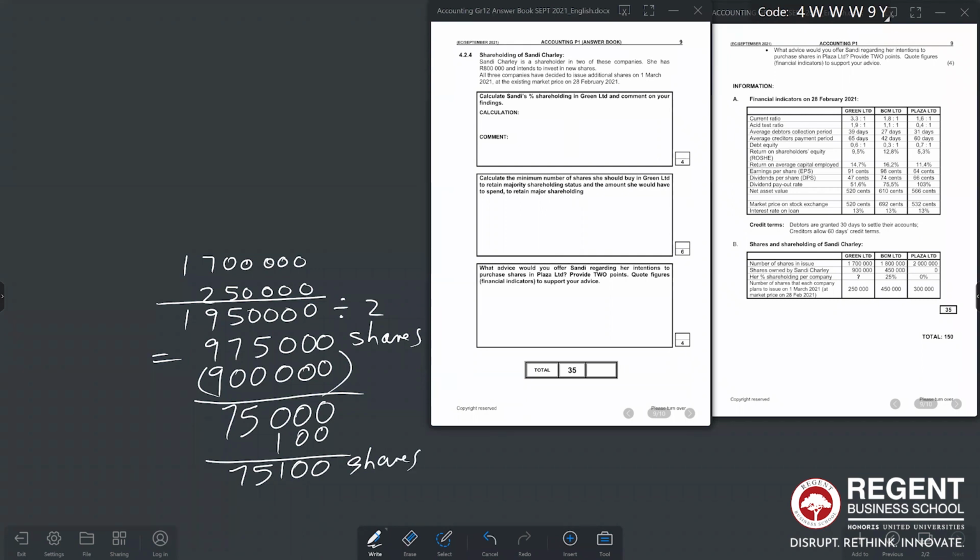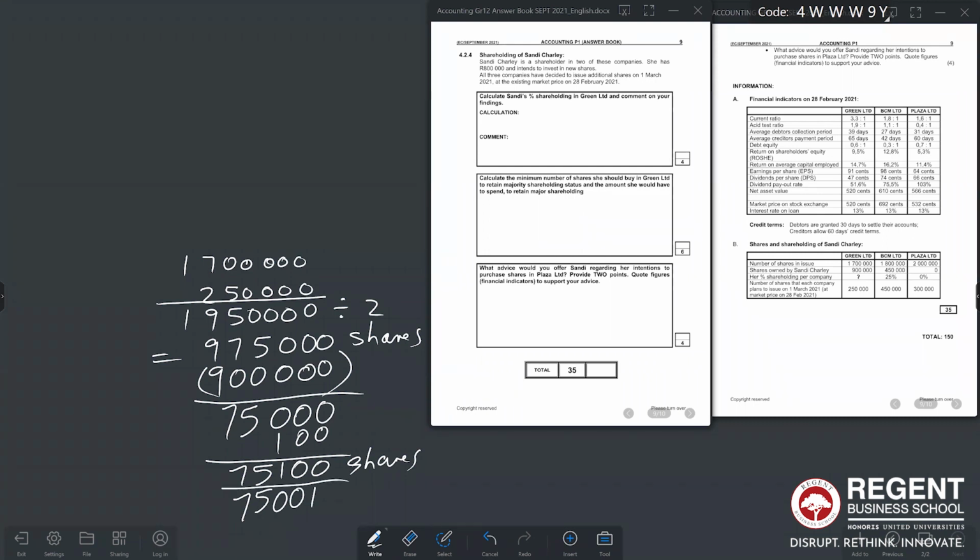They will accept in the exam 75,100 shares is what she must go and buy, or she can buy 75,001.